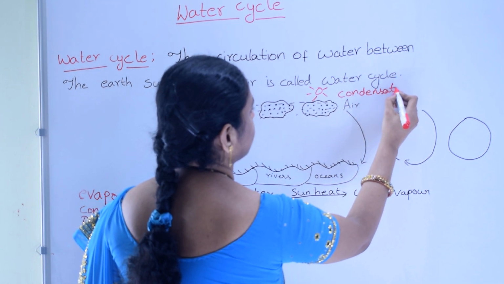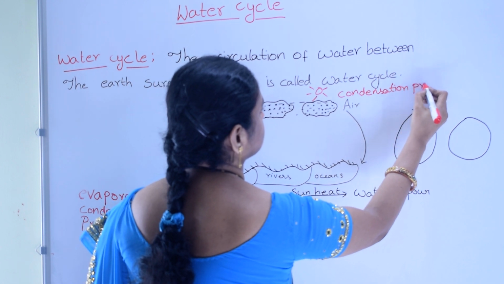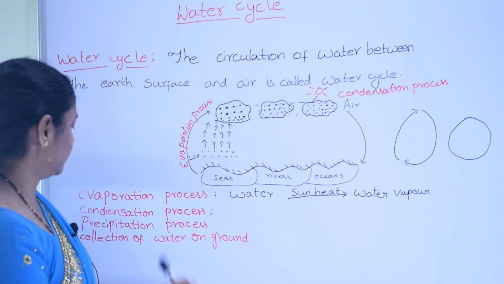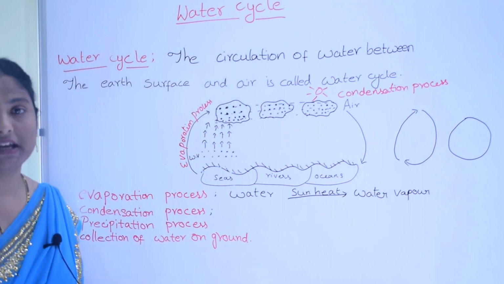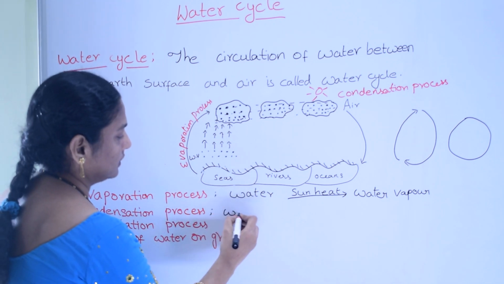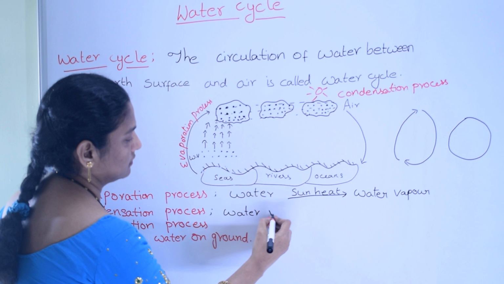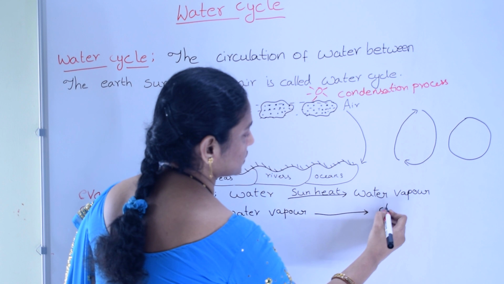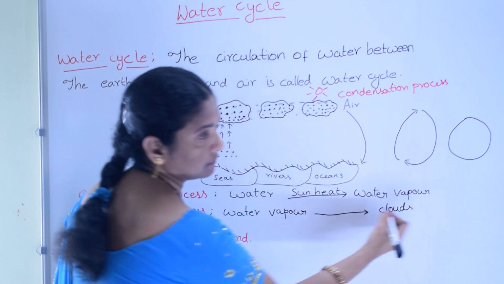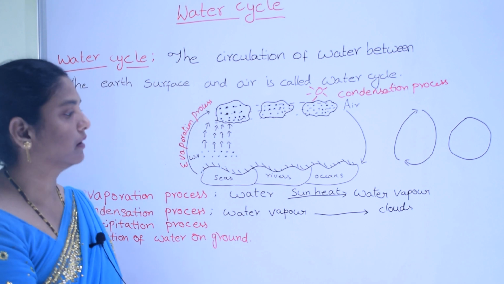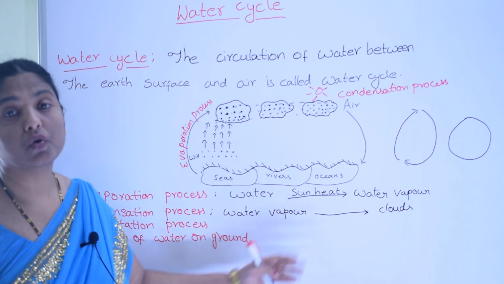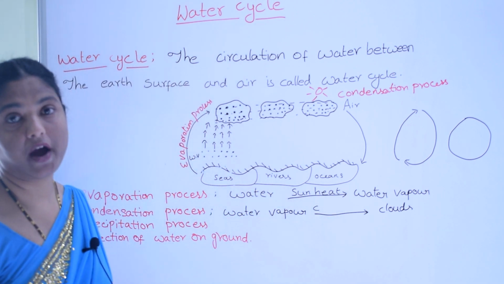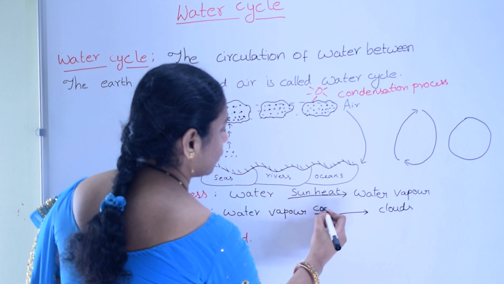This is the condensation process. So, I am writing here the definition of condensation process. What happened here? The water vapor converts into clouds. This is because of the coolness of air. On the top of the arrow mark, I am writing the reason why it is converted. Because of the coolness of air.